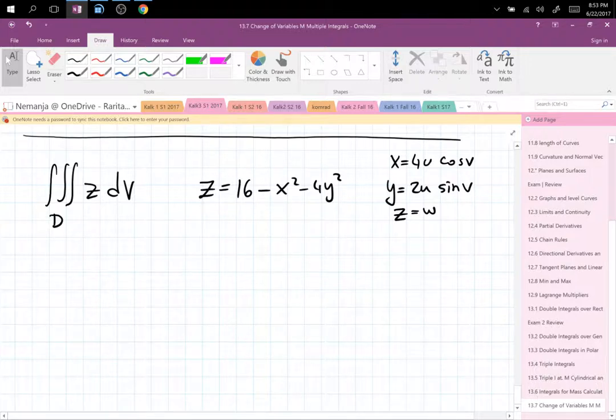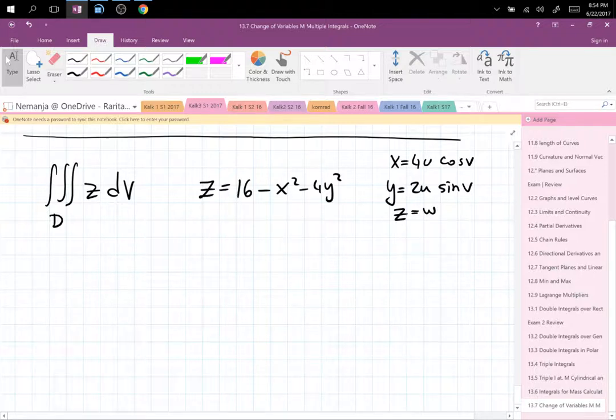It does, but instead it's like v equals w. Wait, can you just check on that?